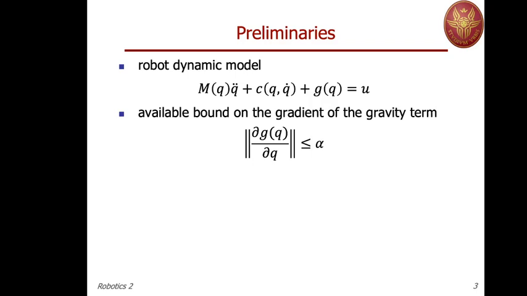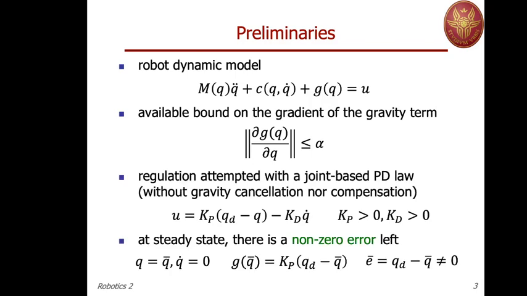So the norm of this matrix will be the maximum eigenvalue of the product of the matrix by its transpose, and then extracting the square root. So we assume that this norm is upper bounded by an alpha. And alpha, of course, can be very conservative.